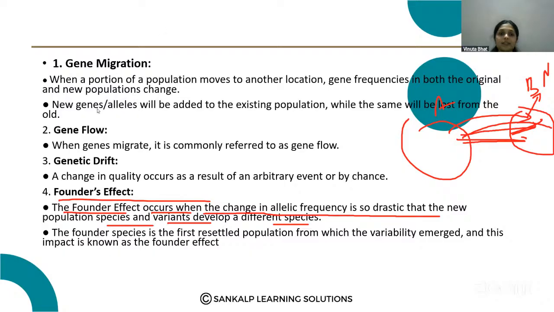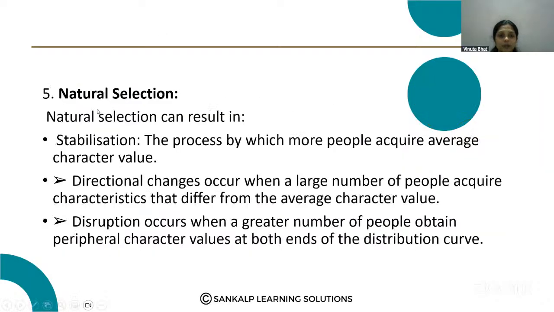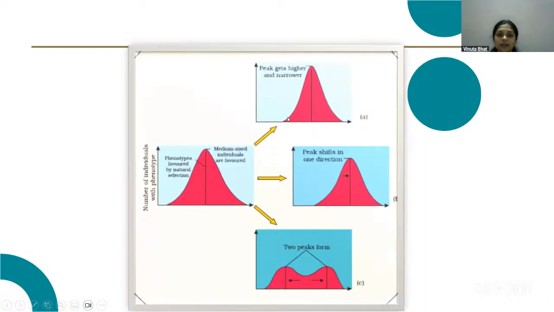The last one is natural selection. Natural selection can result in stabilization, directional changes and disruption. Stabilization means the process by which more people acquire the average character value. So when more people acquire the average character value, you can see here that most of the people have the average character.